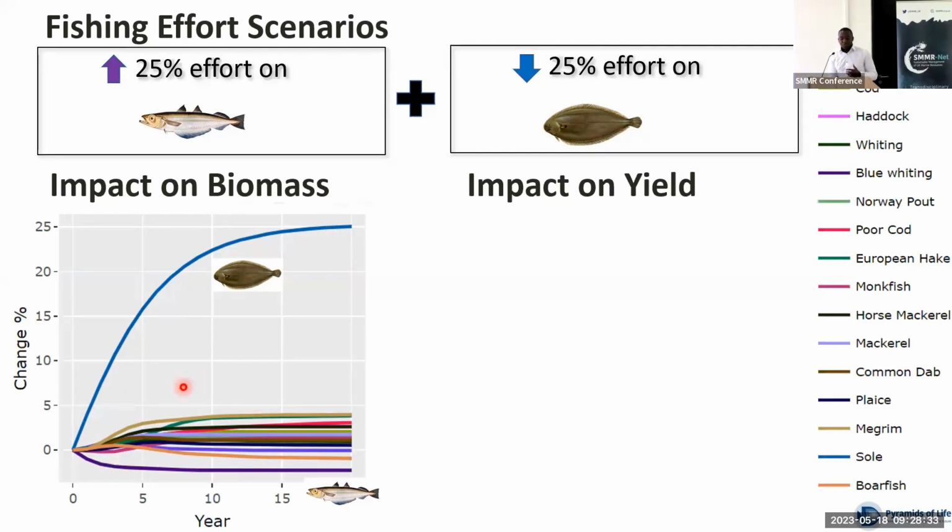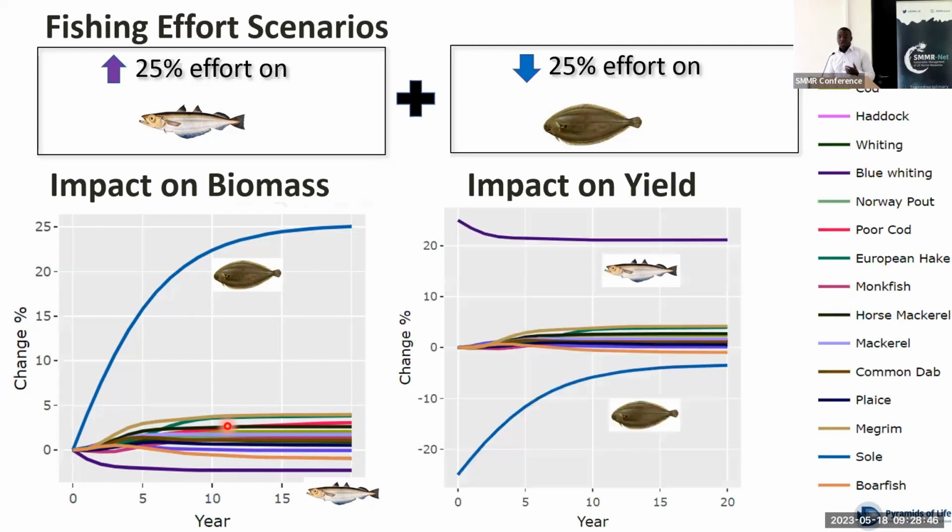What is important is what's happening for the other species. The other species are also being influenced by that particular management measure, and that's key in terms of understanding multi-species fisheries. The same happens to the yield. In as much as we were just focusing on 2 species, yes, we can see changes in them, but there are also changes happening in the other species.